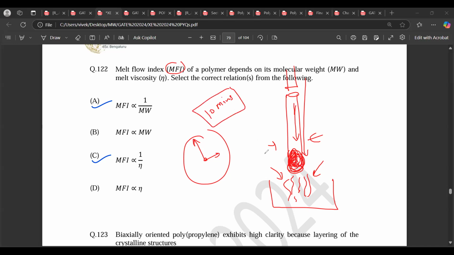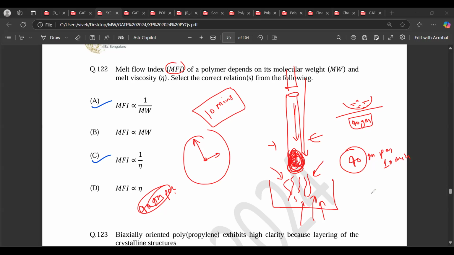In 10 minutes, whatever amount of molten polymer we have collected, we will weigh it. And let's say it's 40 gram, then 40 gram per 10 minute. So our MFI is 40. Okay.